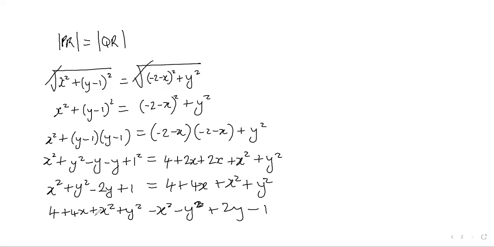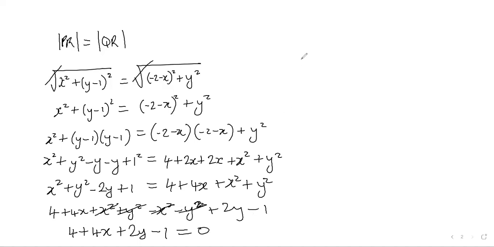So you find out that plus and minus x squared will cancel, plus and minus y squared will cancel. You'll be left with 4 plus 4x plus 2y minus 1 equals 0.